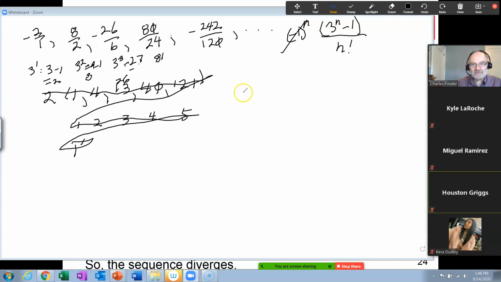So then let's look at the limit as x approaches infinity of 3 to the x minus 1 over x factorial. Uh-oh. I don't think we can do that, because there is no such thing as x factorial. So that's out of the question on this one.